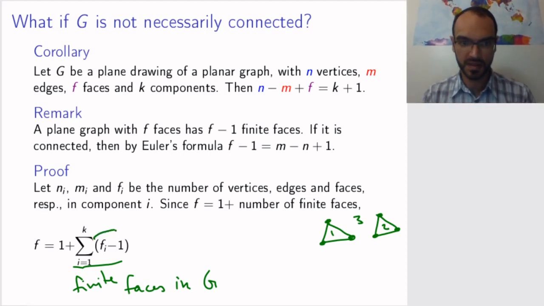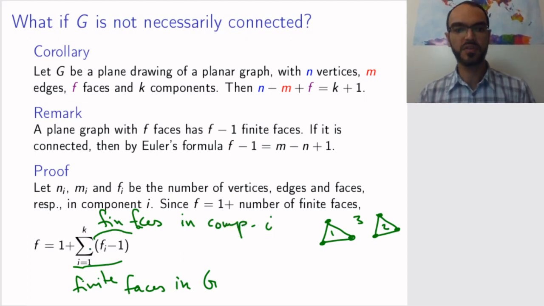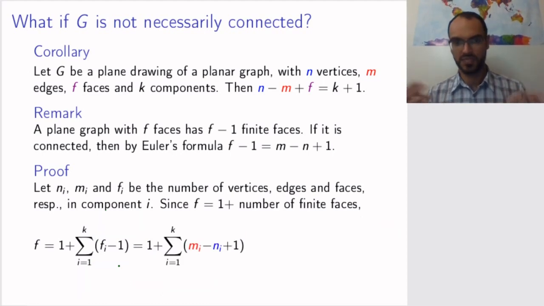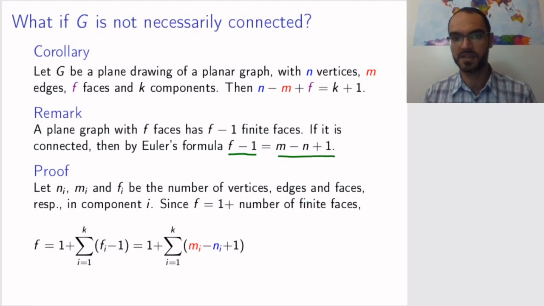So this is the number of finite faces in component number i, and if we sum over all components, we get all the finite faces in G. Now, each component is connected and plane, so it satisfies Euler's formula. Remember that Euler's formula tells us that in a connected plane graph, f minus 1 is equal to m minus n plus 1. So this now applies for each component.